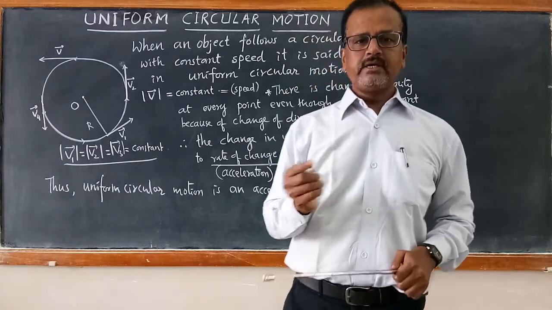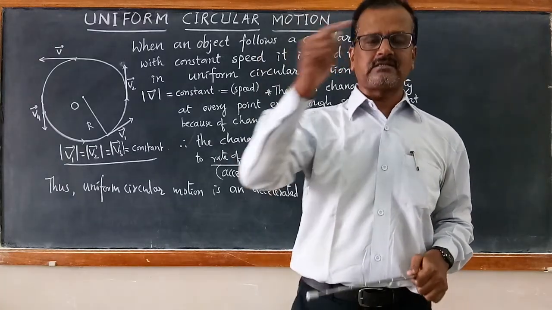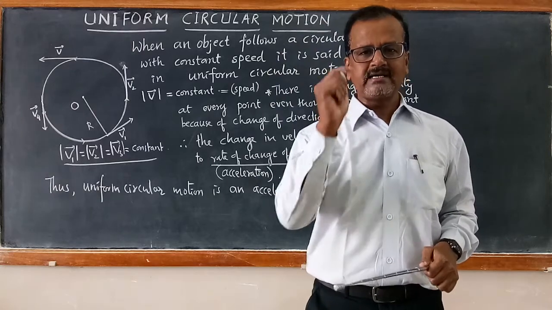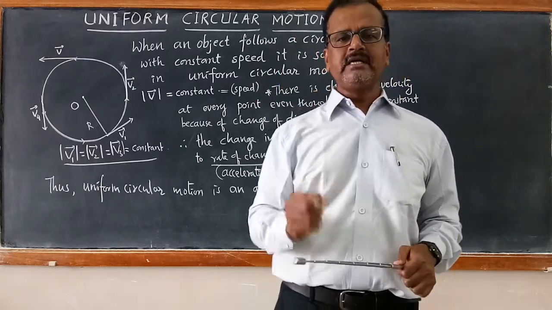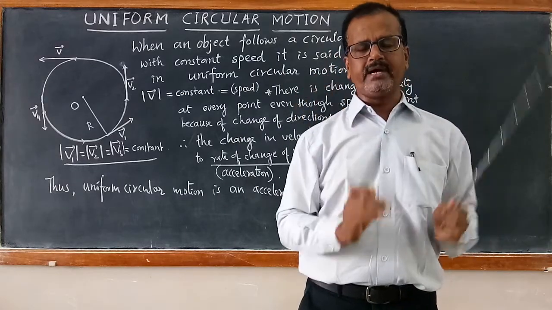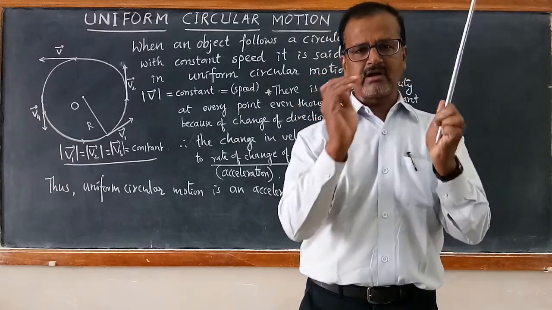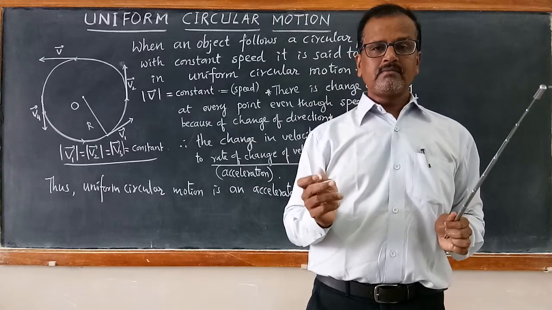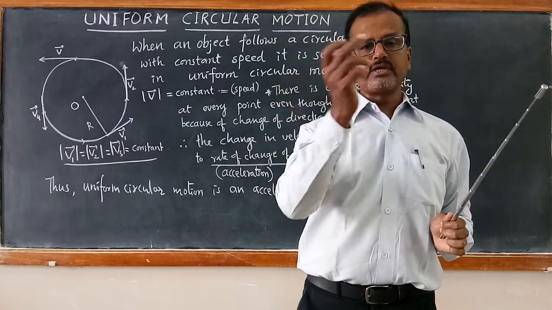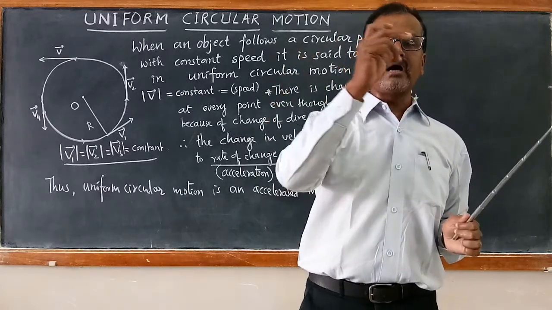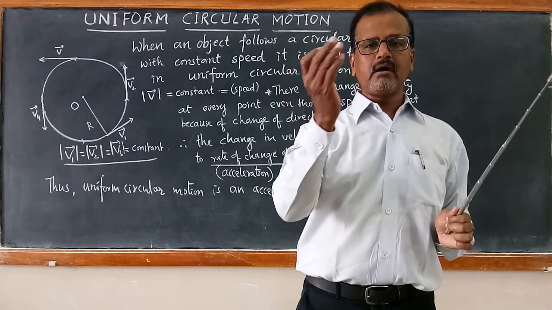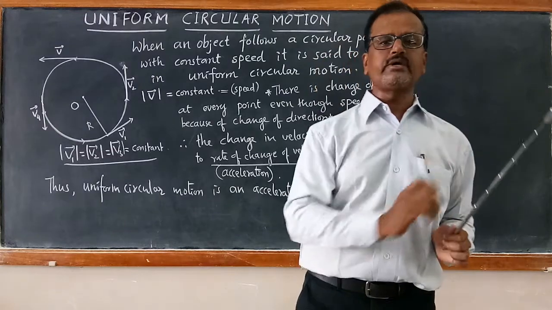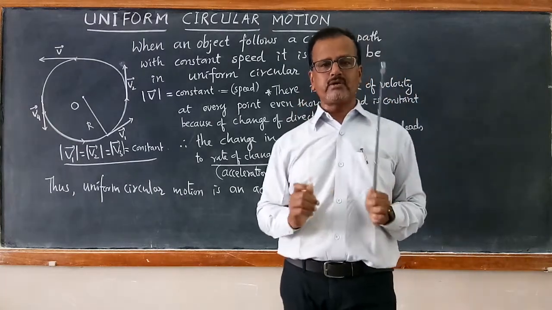Similarly, if the orbit of the Moon around the Earth, with Earth as the center, is considered to be circular, then the revolving of the Moon around the Earth is also an example of uniform circular motion.